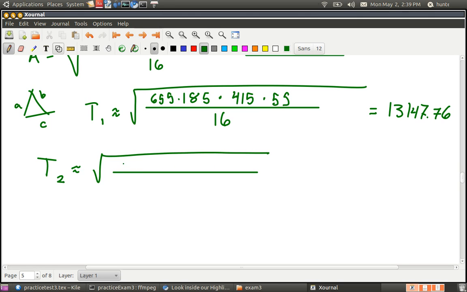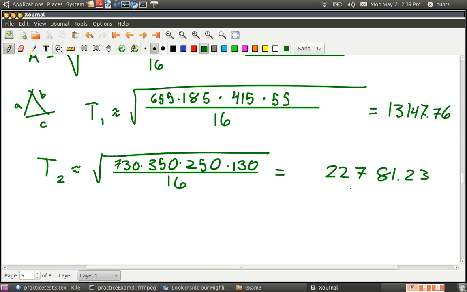And for the other triangle, T2, if you put those into Heron's theorem, you will get the numbers 730, 350, 250, and 130, and it will all be over 16. And this turns out to be equal to 22,781 and a little change.